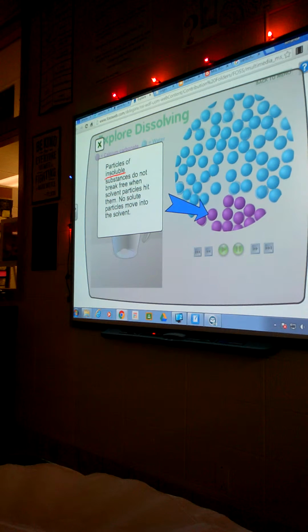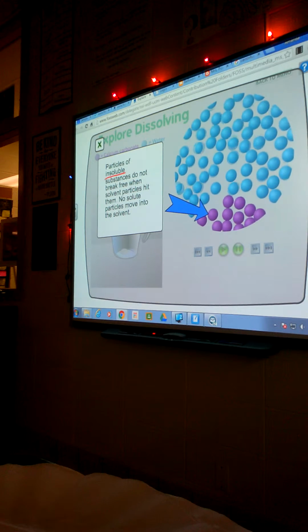Oh, I heard of it. You've heard of it? Insoluble? Heard of it in 6th grade. It says particles of insoluble substances do not break free. So how could we define insoluble? How many people read the article yesterday?